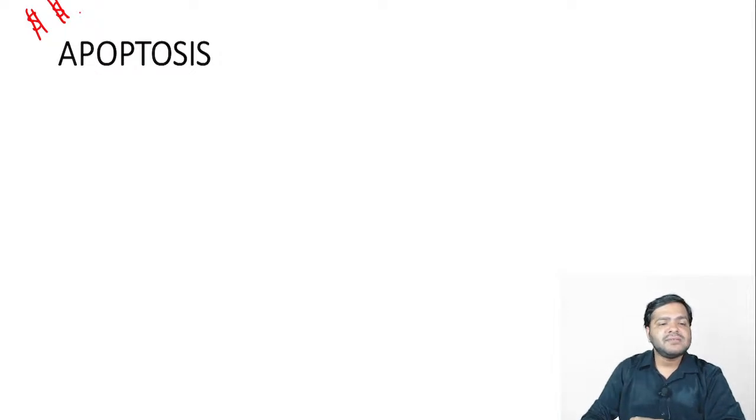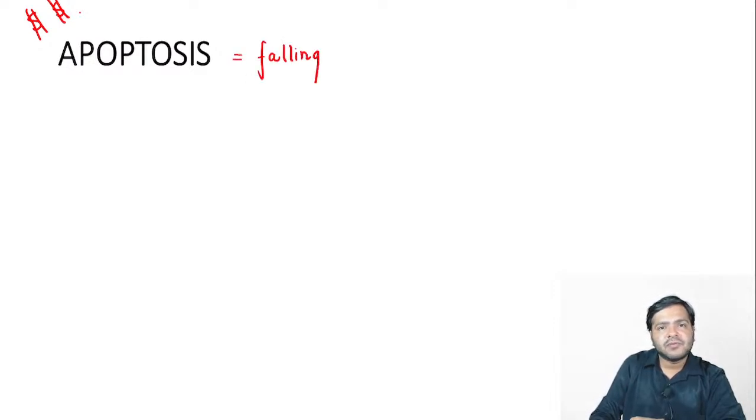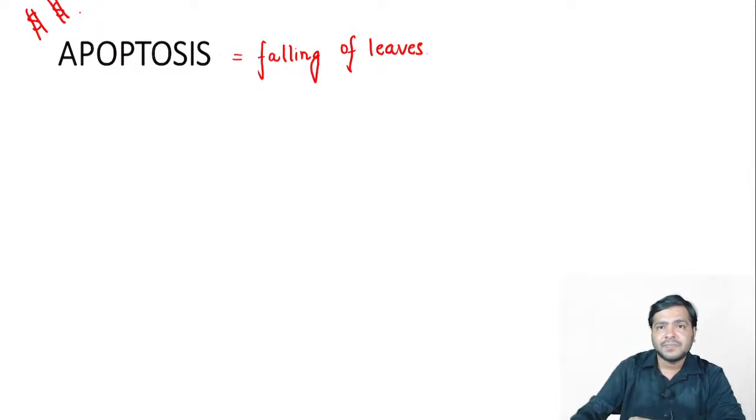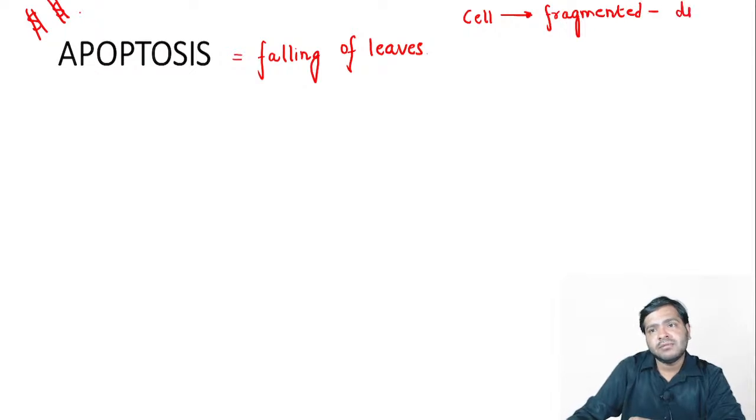Now guys, apoptosis is basically referred to as falling of leaves. You already know that just as leaves get dried and shed off, in a similar pattern the cell gets fragmented and the cell dies.